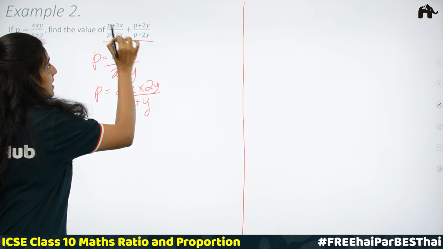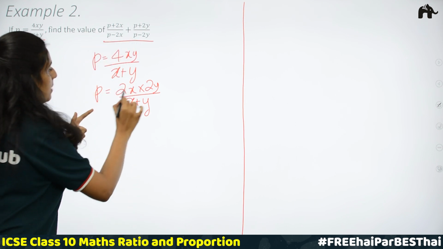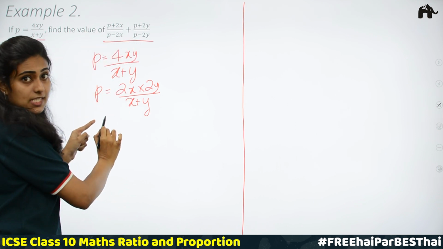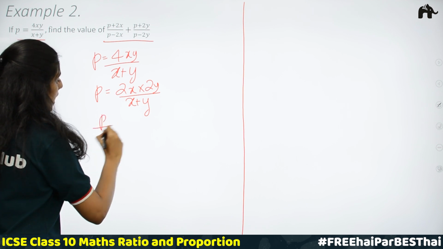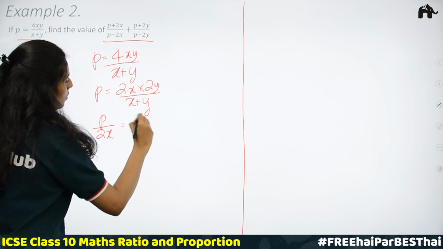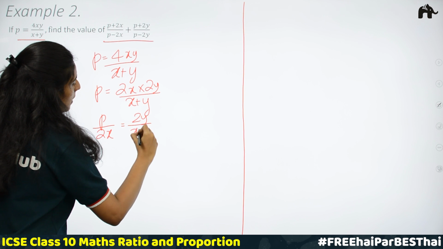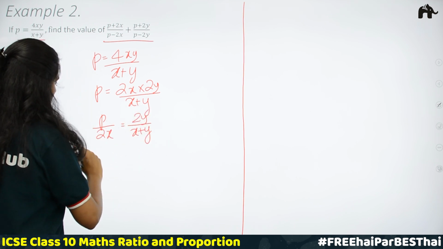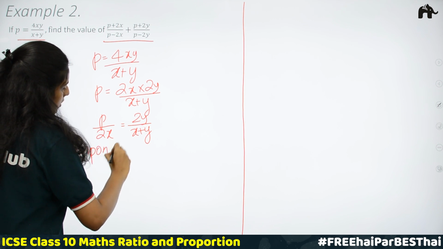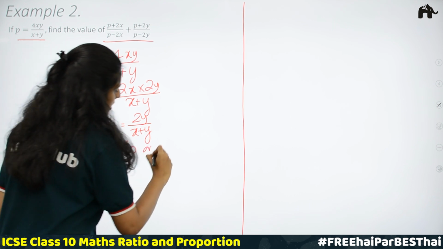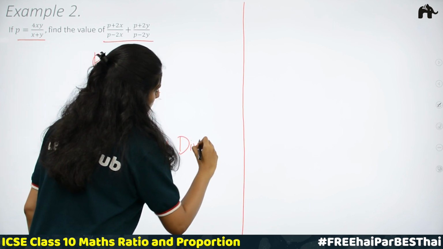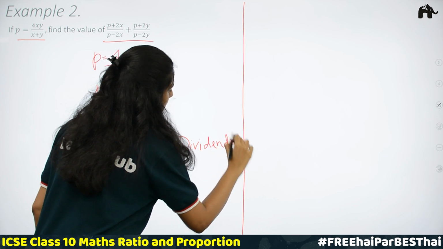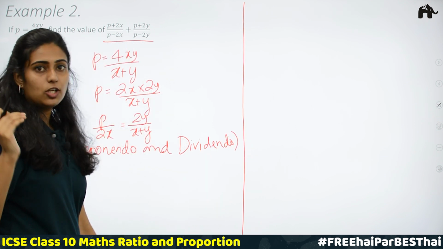Here 2x is added. For that purpose, I am taking this 2x to the opposite side denominator. P by 2x is equal to 2y divided by x plus y. Now applying the componendo and dividendo property. What was componendo and dividendo property?